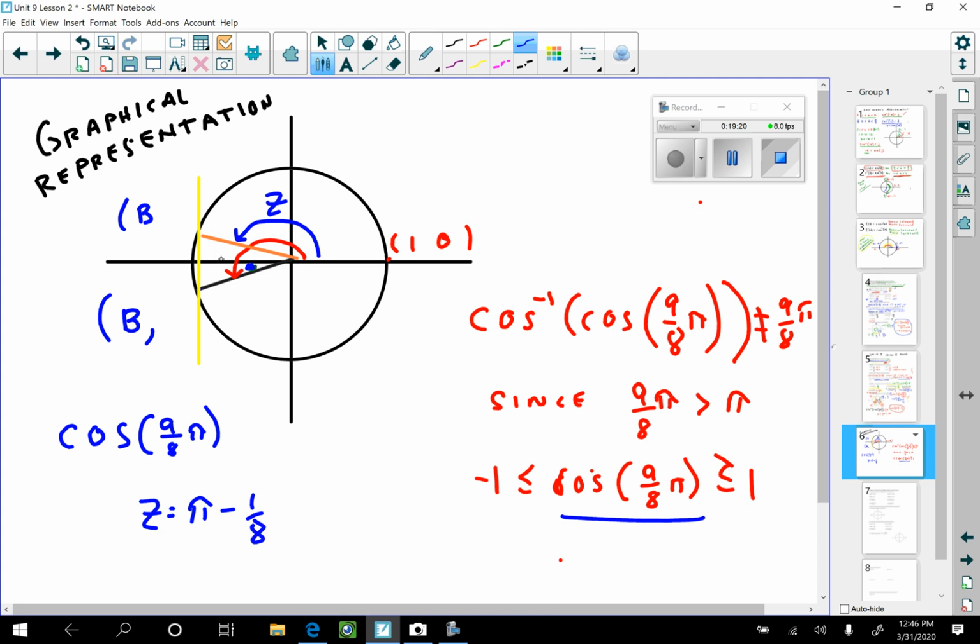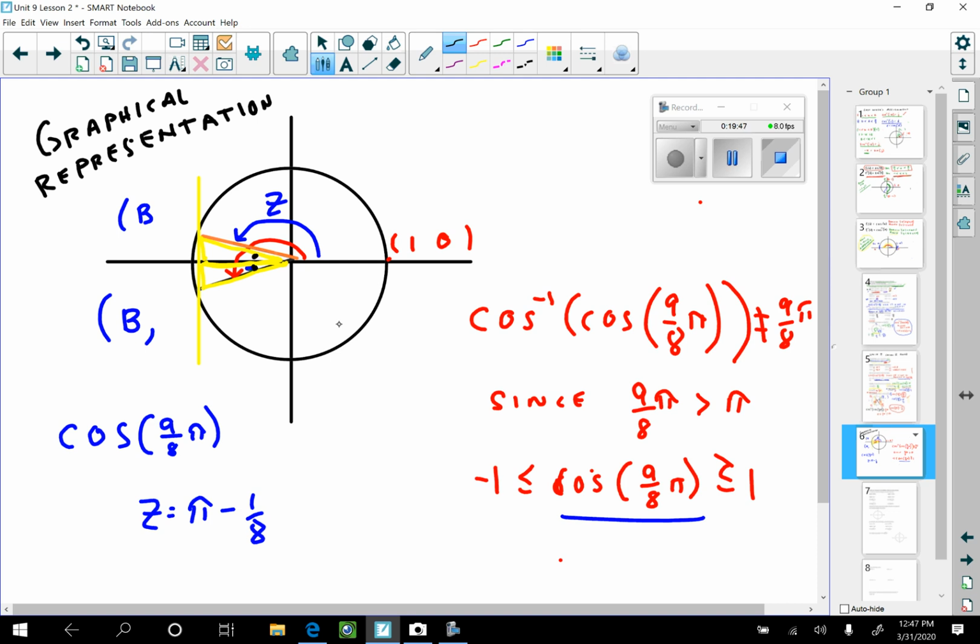They're both going to have the same hypotenuse. They're both going to be right, and they're both going to have the same leg here. This is the triangle that I'm looking at right here, and this triangle here. So these angles have to be congruent, and they're both 1/8 pi. So if I want to find Z, Z is simply pi minus 1/8 pi. Well, what's pi minus 1/8 pi? You betcha.